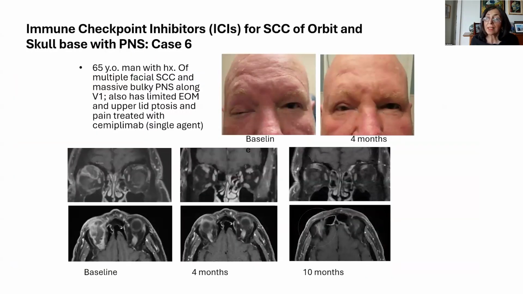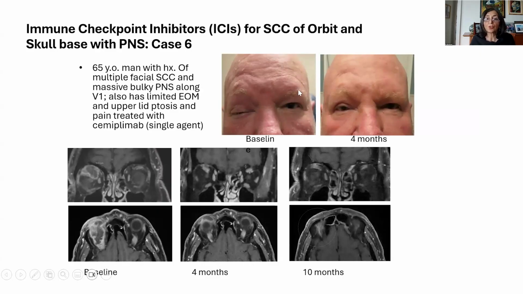Another really nice indication of drug therapy for squamous cell carcinoma is patients that present with what we call perineural spread. This is a situation where this squamous cell carcinoma of skin gains access to the cranial nerves, most commonly the fifth cranial nerve.